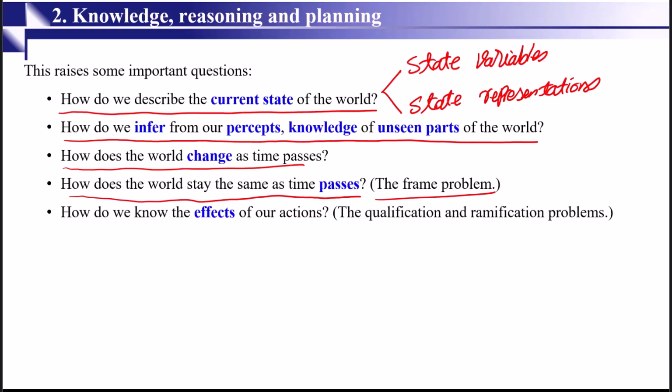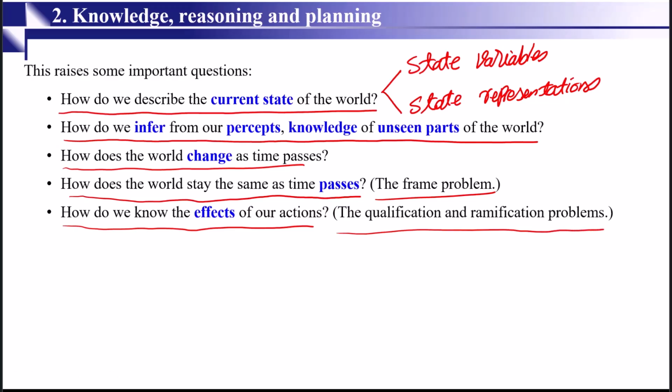When an agent takes an action, many parts of the world may remain unaffected, but it can be computationally expensive to explicitly state all these unchanging aspects. The next one is, how do we know the effect of the agent's action: the qualification and ramification problem?